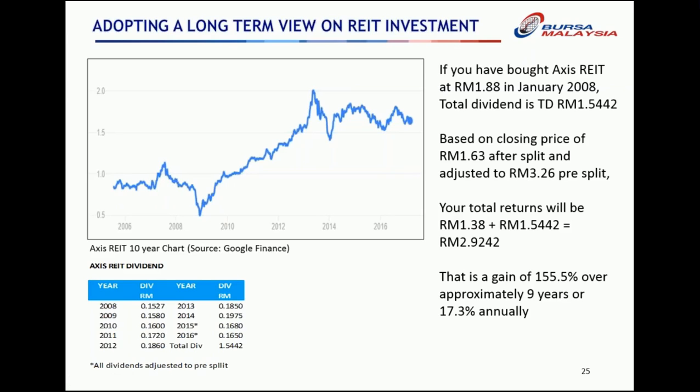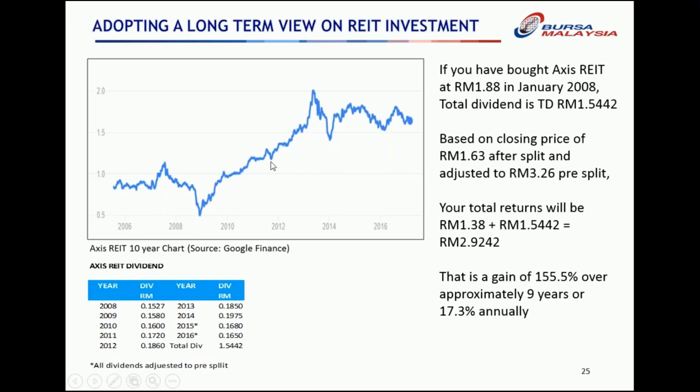Can you imagine if Axis REIT, during the period of around 2009, dropped to a very low price? Yet it still paid quite a good dividend. The 2009 annual dividend was higher than 2008. So if you had bought then, your dividend yield would have increased by a huge amount.